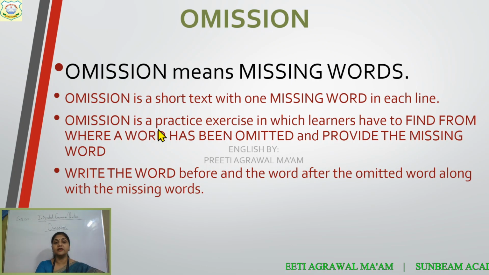Omission is a practice exercise in which learners have to find from where a word has been omitted. After finding the place, you have to write the missing word.